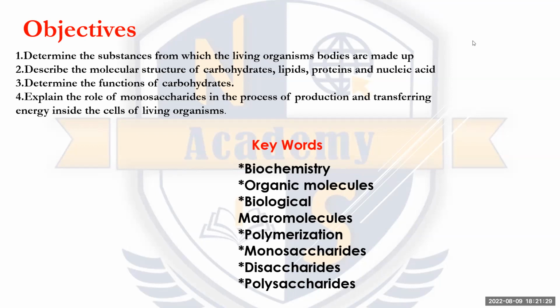Can you read the objectives of our first lesson, please? Determine the substances from which the living organisms' bodies are made up. Describe the molecular structure of carbohydrates, lipids, proteins, and nucleic acids.